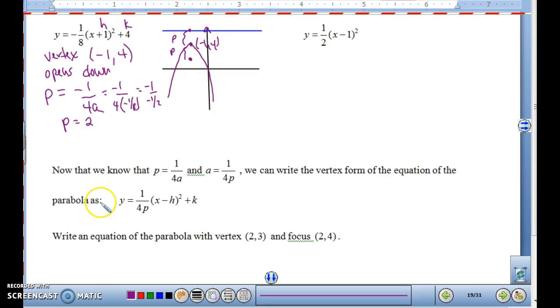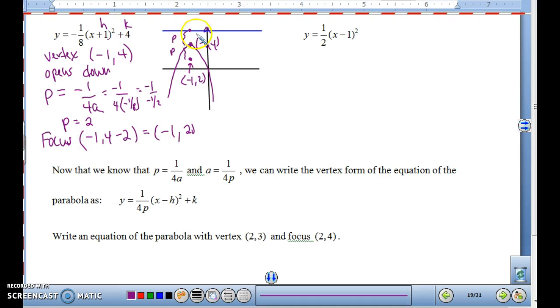So my focal length is 2. So if p is 2, and the vertex is at (negative 1, 4), my focus is going to be (negative 1, 4 minus 2), so the point (negative 1, 2).